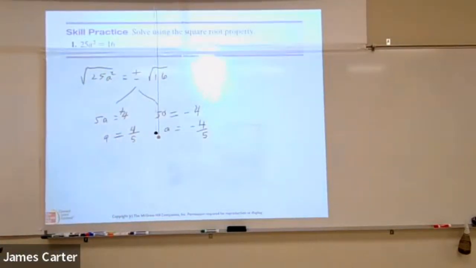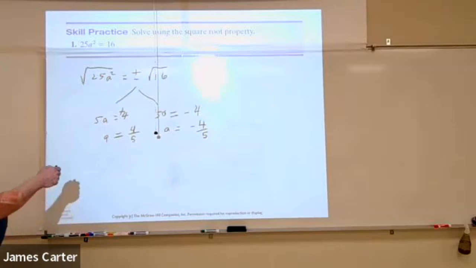Now, here's the original problem up here. 25a squared equals 16. I take the square root of this side. I take the square root of 16, plus or minus. Now, that basically gives me two problems. It gives me the plus side and it gives me the minus side.